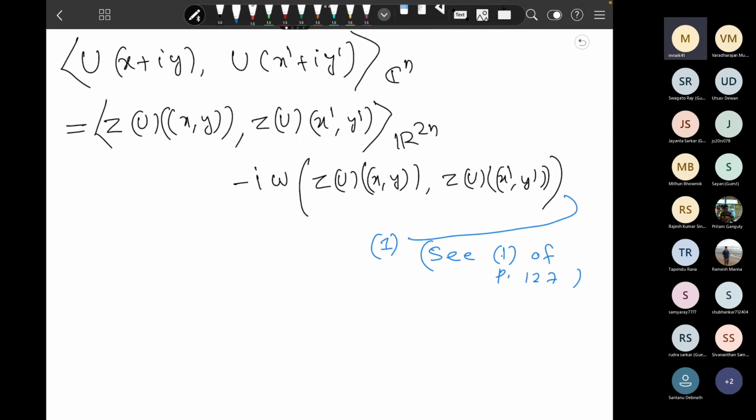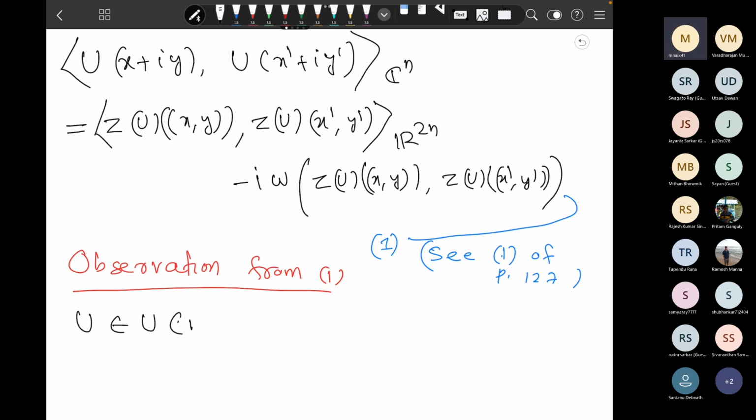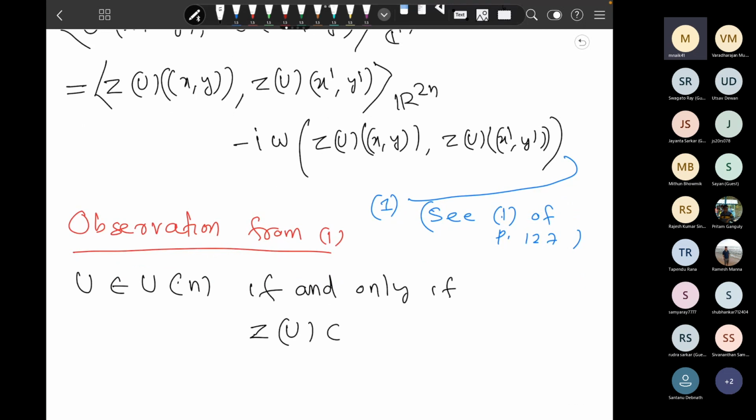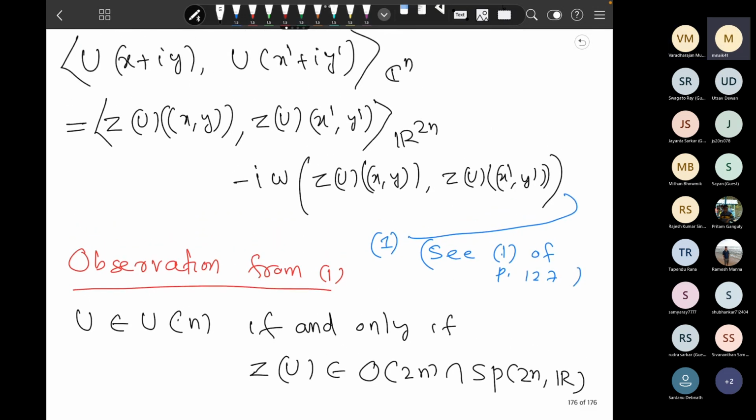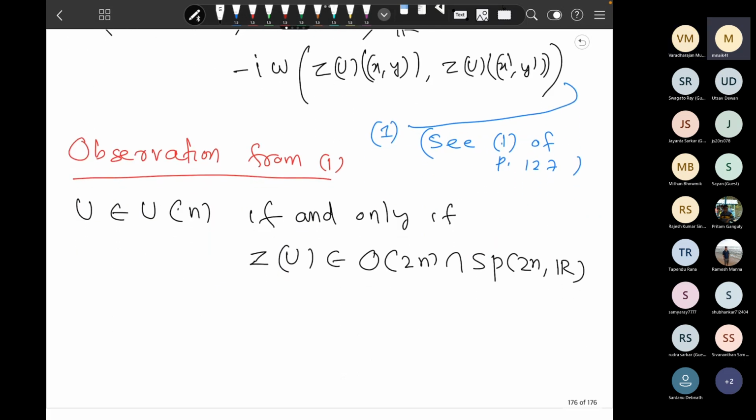So this will be an observation from (1): U belongs to U_n if and only if Z_U belongs to O_2n intersection Sp_2n(R). From this equation, take some time to think. So U belongs to U_n if and only if Z_U belongs to O_2n.